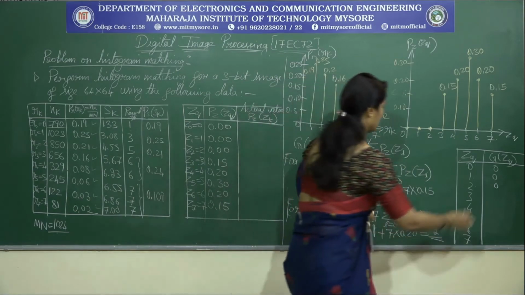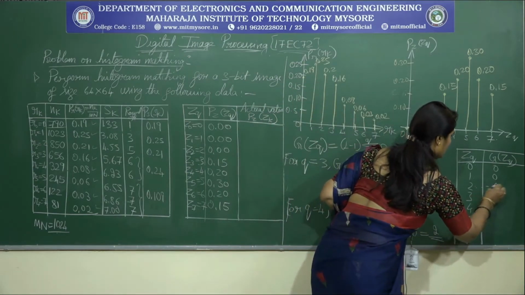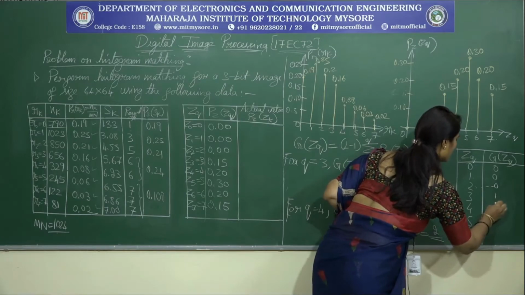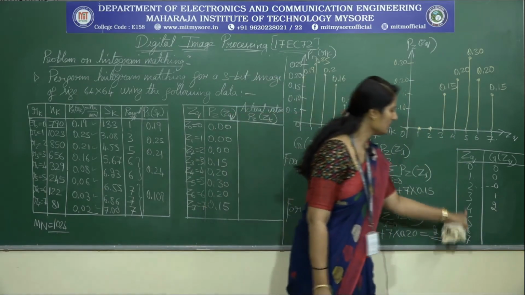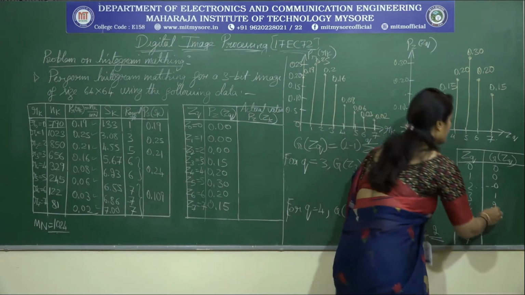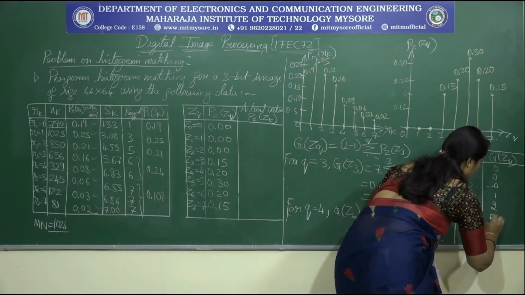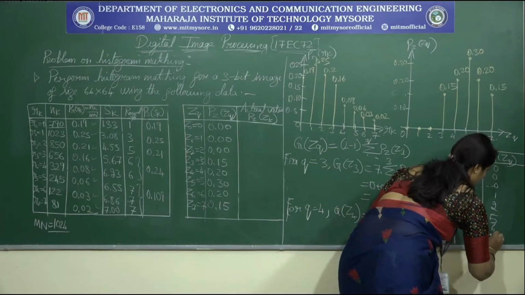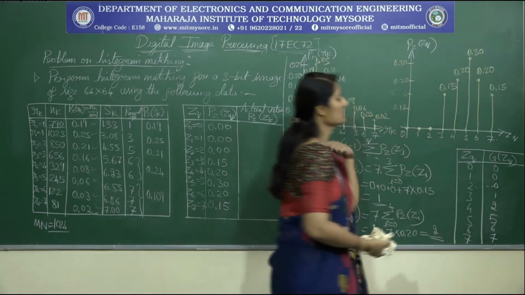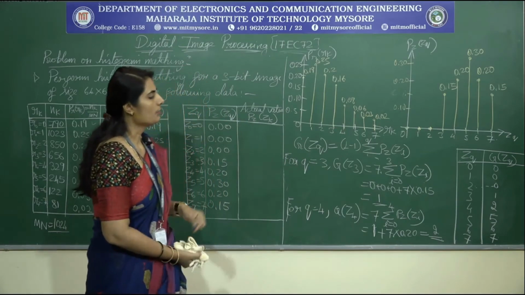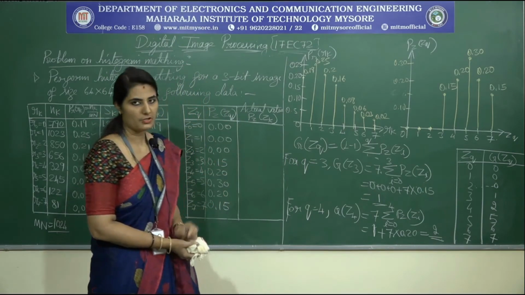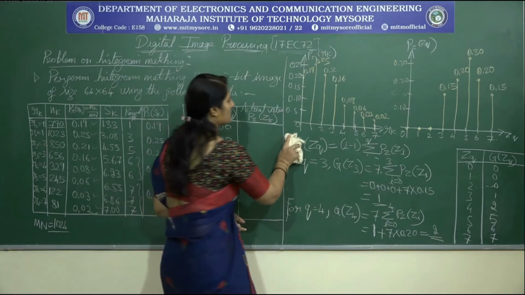Okay. So similarly, for 3 it is 1, for 4 it is 2. Similarly, using the same formula, we need to find out the other values of q. Okay, so this is the G of zq value. So now once I got the transformation function G of zq, now plot this graph.